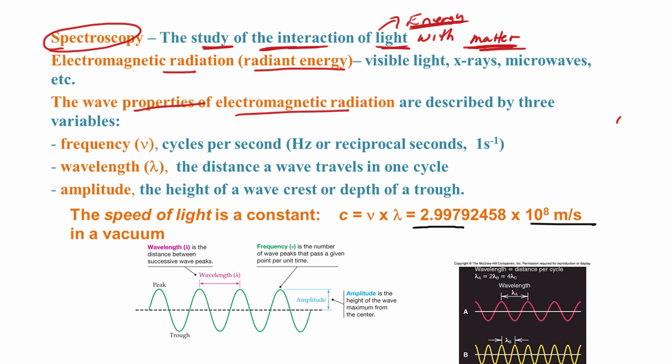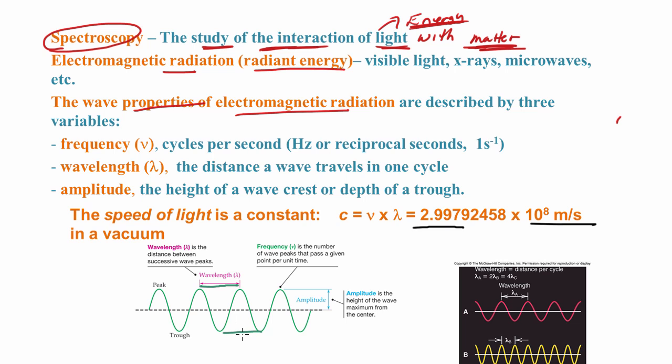A wave is characterized by its wavelength and its frequency, and we represent the frequency with the letter nu and the wavelength with lambda. So the wavelength is the distance between two adjacent peaks or troughs of a wave. So for example, this would be considered a wavelength, or from here to here would be the length of the wave.